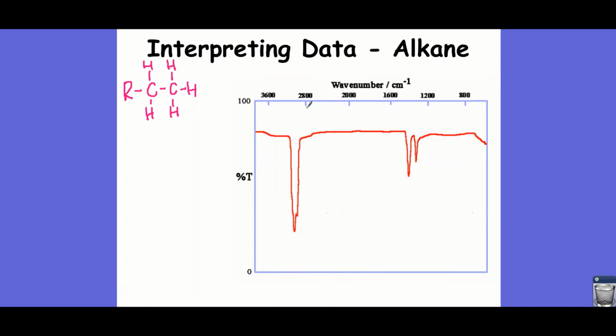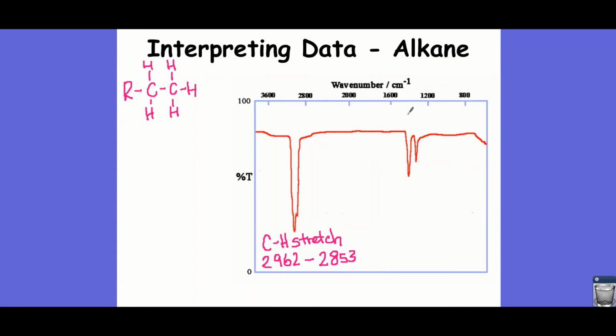It's fallen just after 2800, and that is representative of a C–H stretch. And if you look at your correlation table, that will fall somewhere between 2962 and 2853. So that peak there is fairly standard for a C–H stretch. So that's the bond stretching out, stretching back as it absorbs that infrared radiation.